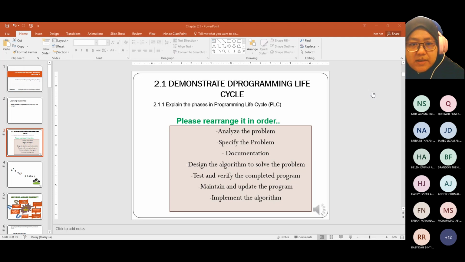Kalau dah siap, angkat tangan, pakai reaction tu. 4 done. 5. Okay. 8, 9, 10, 11 done, 12 done.